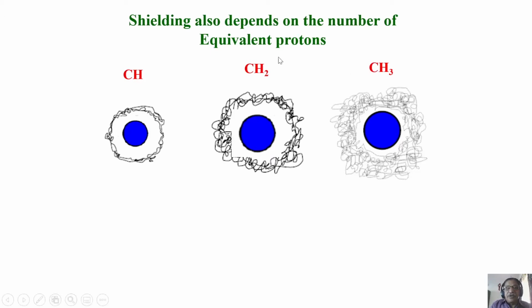Where should this peak come? Let us extend the logic. If CH has one proton, let's say it comes here, CH3 comes more shielded, at little high field here, then CH2 has to come somewhere in between, because the distribution of charge around the nucleus for CH2 is in between that of CH and CH3.